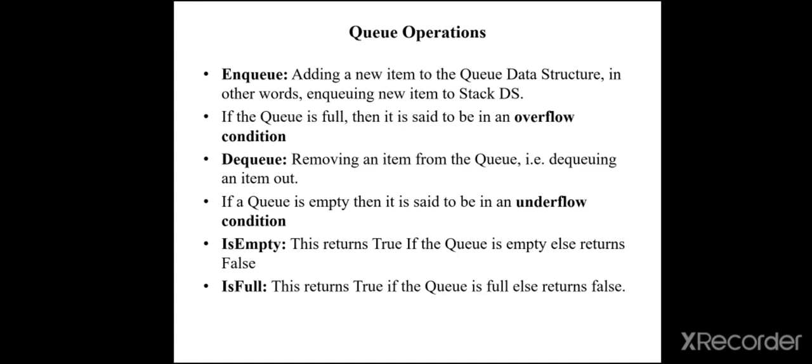In other words, enqueuing a new item to the queue. DQ is nothing but removing an item from the queue, that is dequeuing an item out. Insertion of an item into the queue is nothing but NQ.